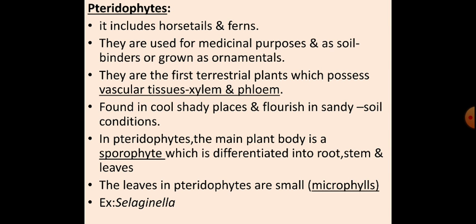In pteridophytes, the main plant body is a sporophyte. I have said in bryophytes there is alternation of generation. The body can be sporophyte, then turn into gametophyte, or gametophyte that can turn into sporophyte. In bryophytes, we studied the plant body was gametophyte, which later got converted into sporophyte, whereas in pteridophytes it is vice versa.